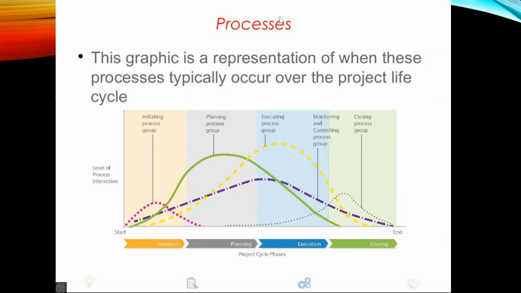You see that in the initiation phase, the processes are minimal. They go up in planning, go even more up in execution, and then go back down in the closure phase, because we already mentioned that around 90% of the energy is put in the execution phase.